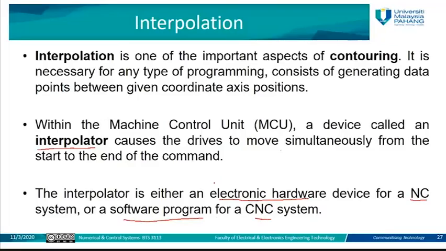So the interpolator is hardware in the case of NC machines, and it is software in the case of CNC machines. In a CNC machine, we have software which performs the task of the interpolator device in NC machines.